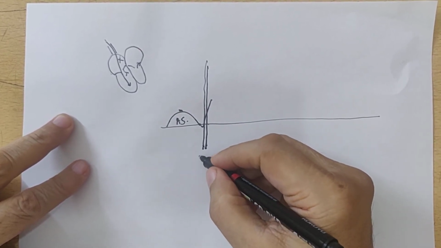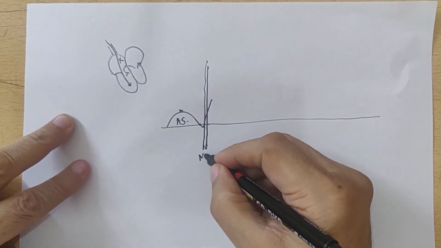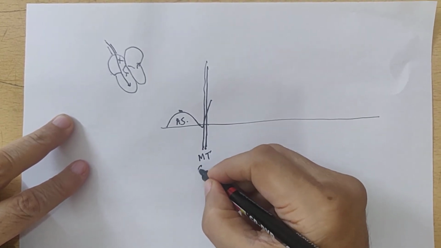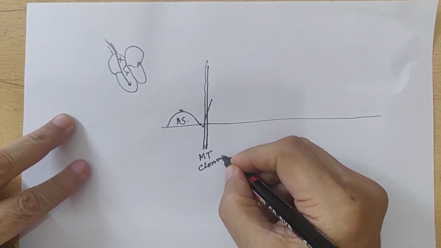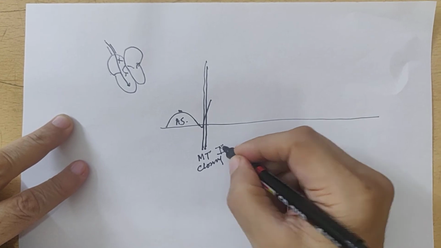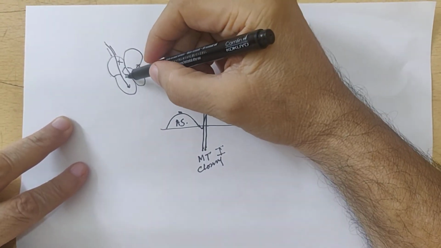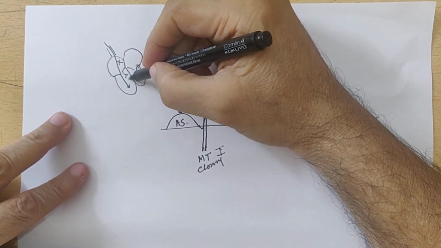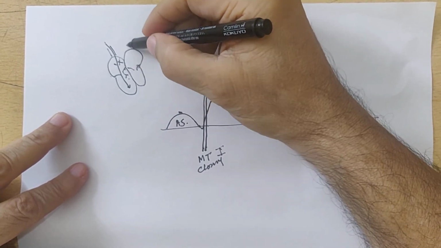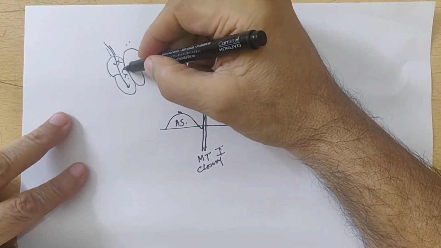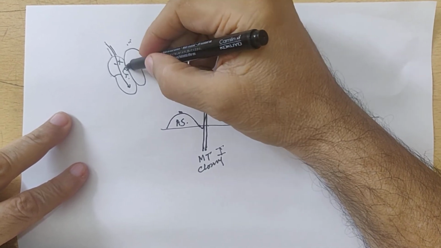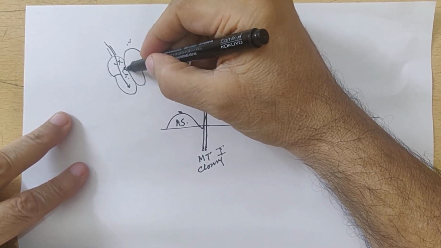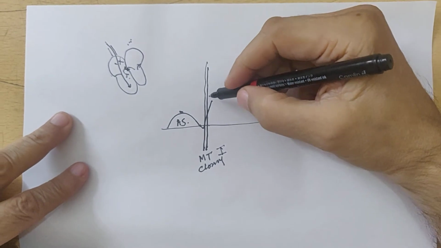So this is mitral tricuspid closing, which is the first heart sound.